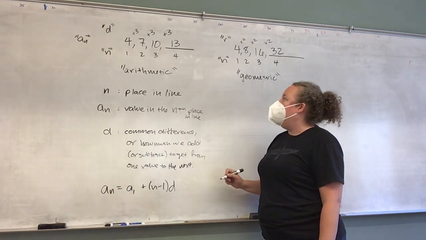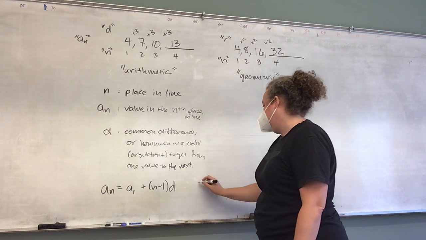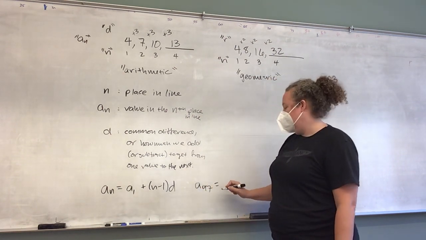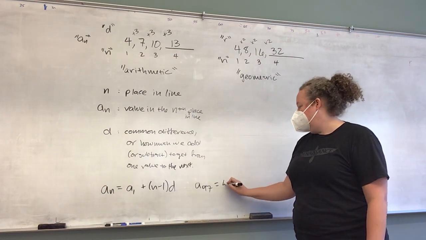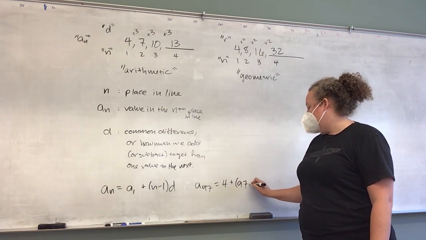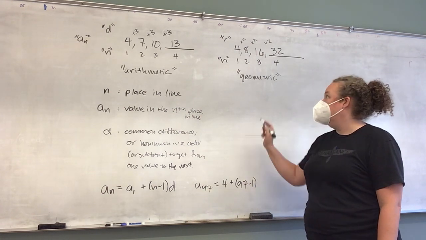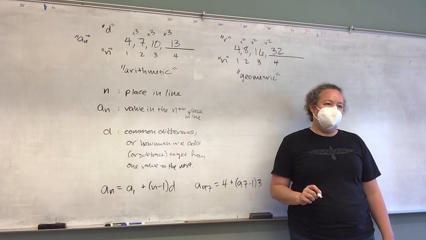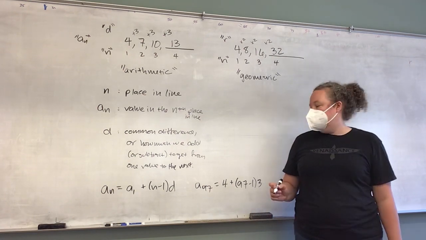So if we're going to find, for example, a sub 97, that's going to be a sub 1, which is 4, plus 97 minus 1 times 3.